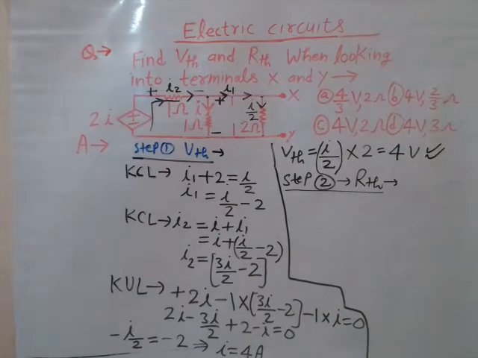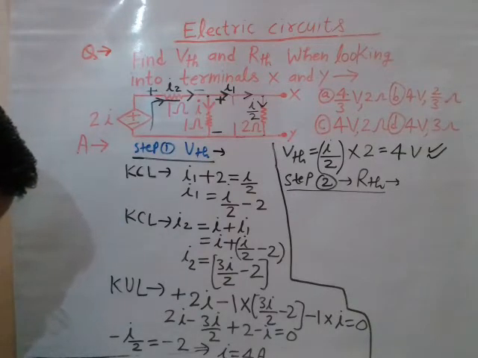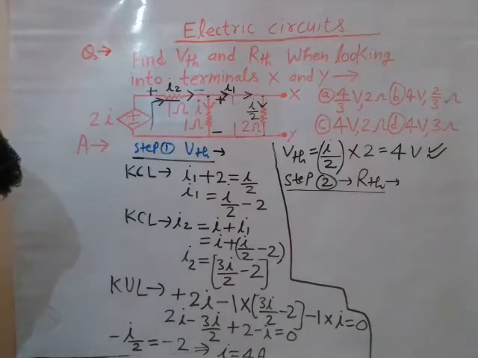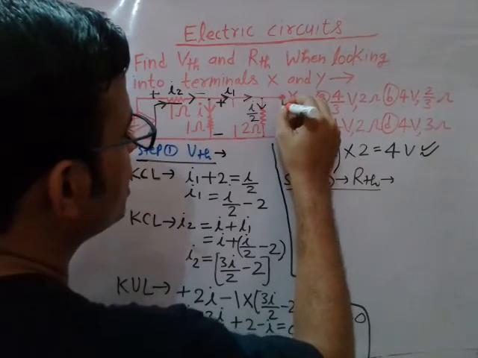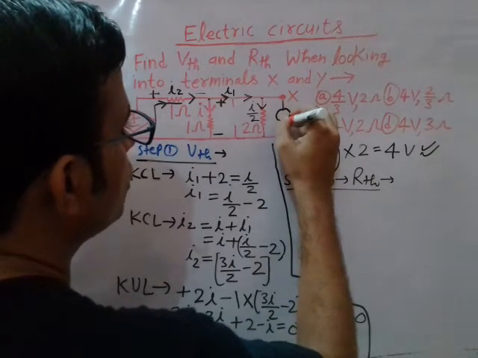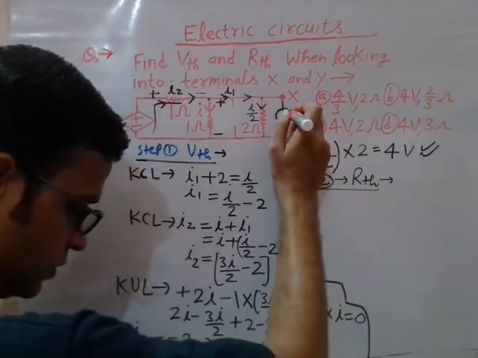So I am choosing that the test source is a voltage source, right? So here I will choose a test voltage source of 1 volt, right? A test voltage source of 1 volt I am choosing.